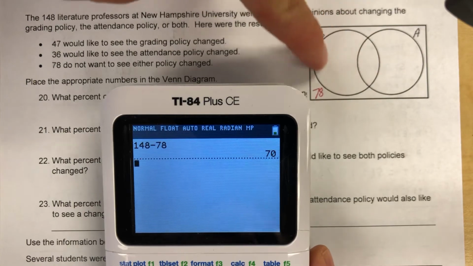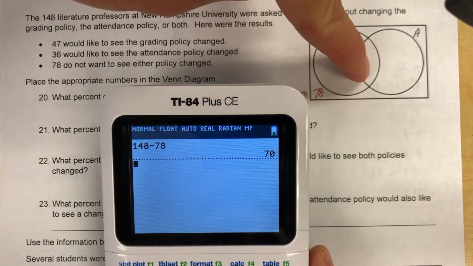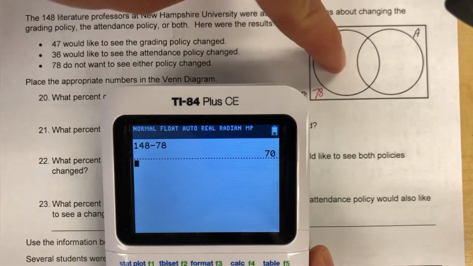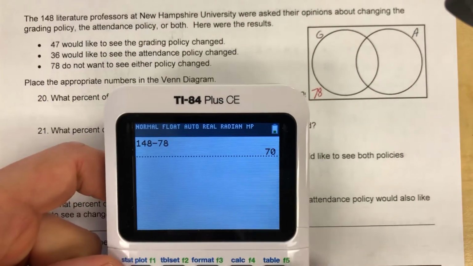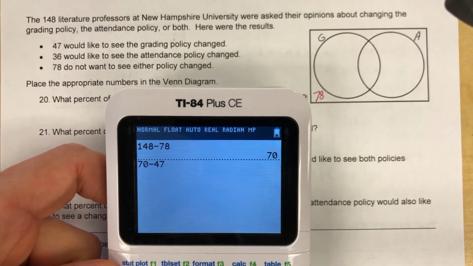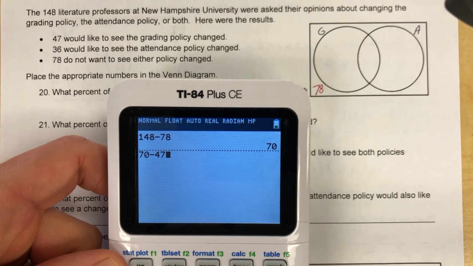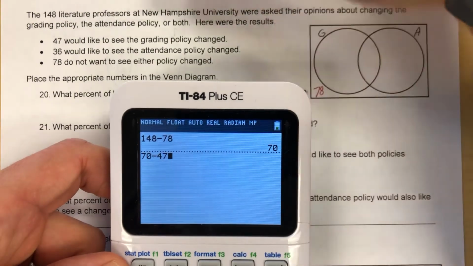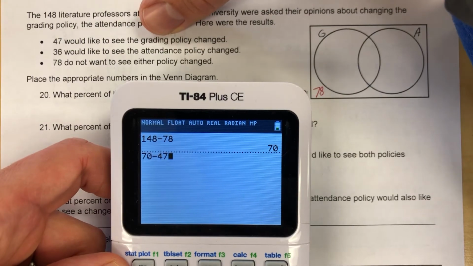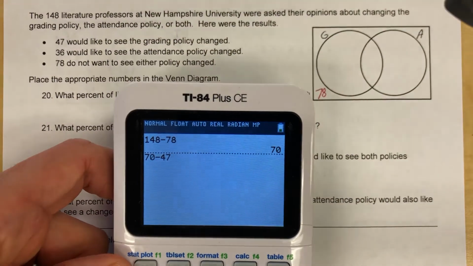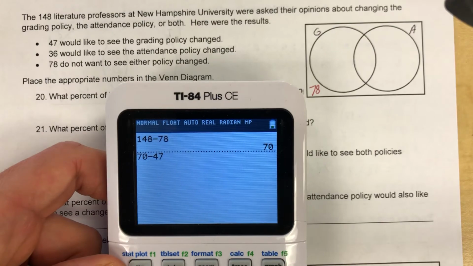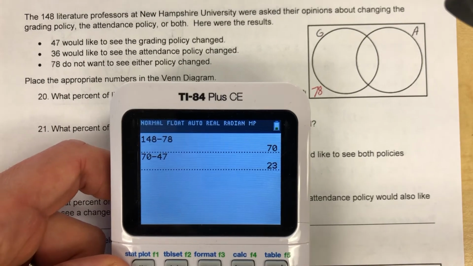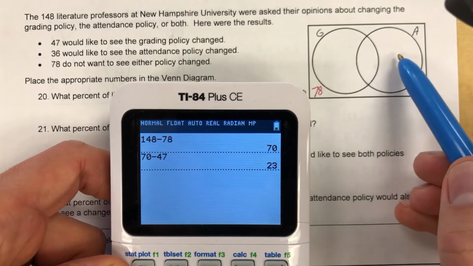If this circle is 47 and the total of both circles is 70, then 70 minus 47 is going to give me what is not in the grading circle. Okay? So when I press enter and I get 23, then 23 is right here.